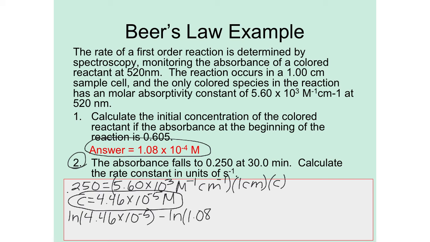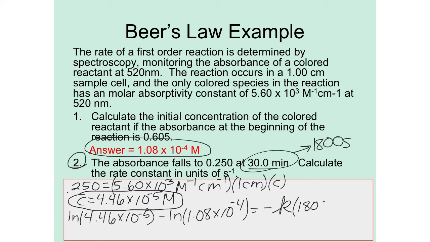So that would be the 1.08 times 10 to the negative fourth is equal to negative kt. Now, t is 30 minutes, but they wanted it per second. So we should plug that value in as how many seconds that would be. And that would be 1,800 seconds.